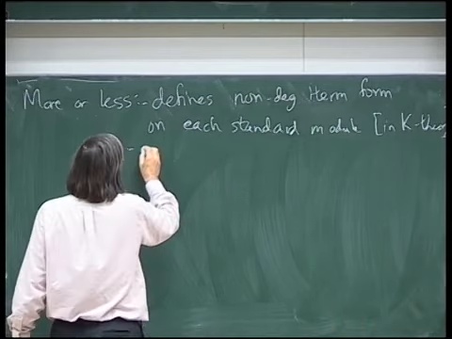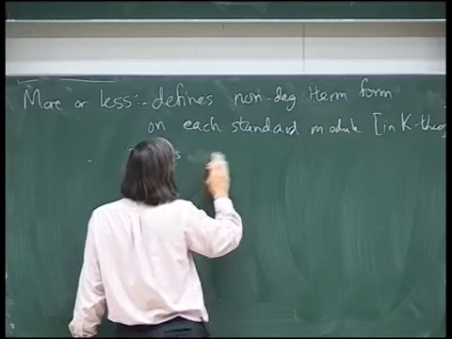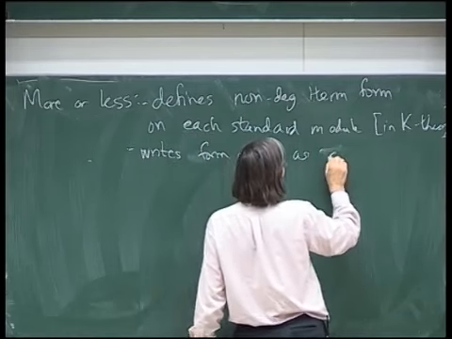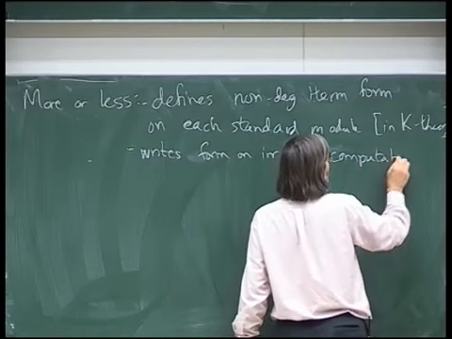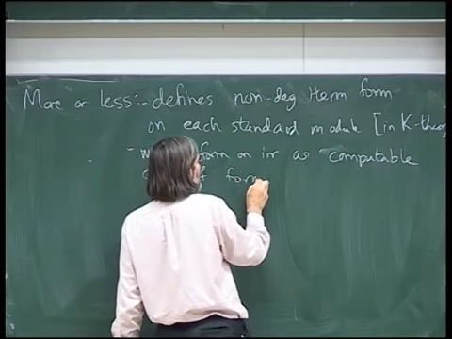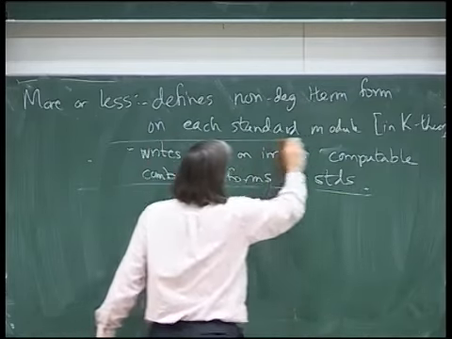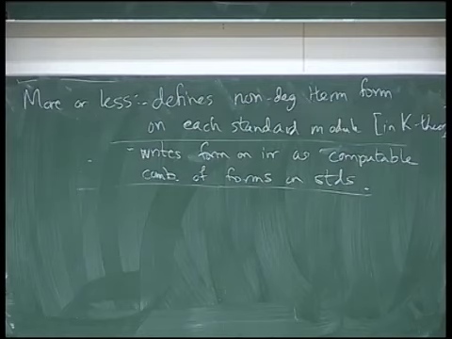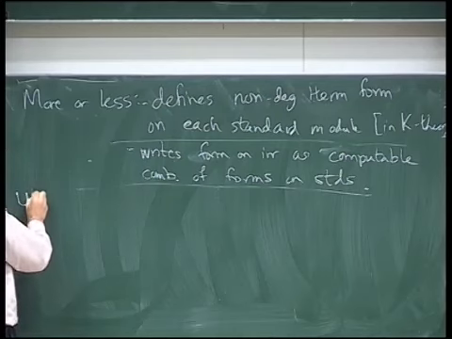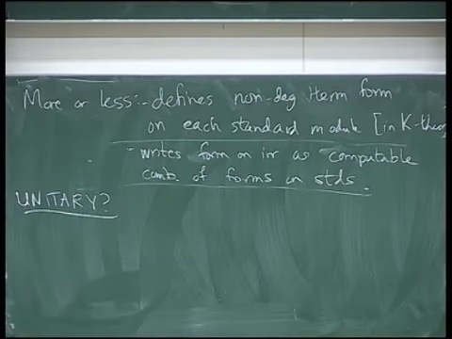And it writes a form on an irreducible as a computable combination of the forms on standards. Okay, so that's nice as far as it goes, but I was interested in the question of what's unitary.